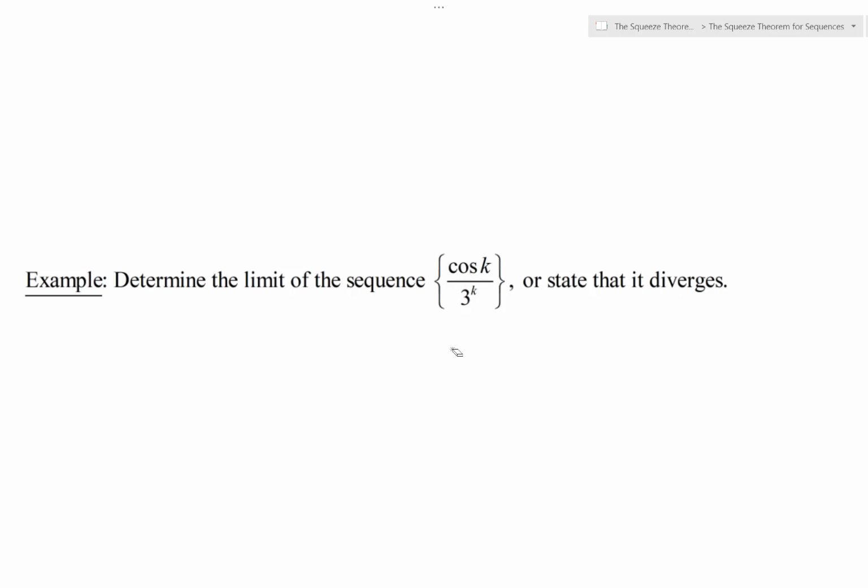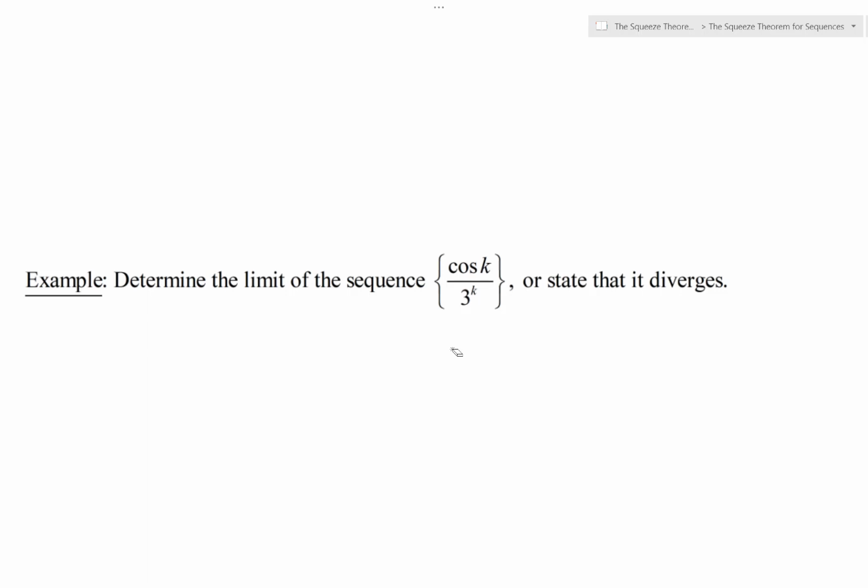The reason why this is a nice example to show why the squeeze theorem would be of use is because the sequence cosine k over 3 to the k does not allow us to use the other previous properties that we've discussed about limits. That's because cosine k does not approach a unique real number as k goes to infinity, right?